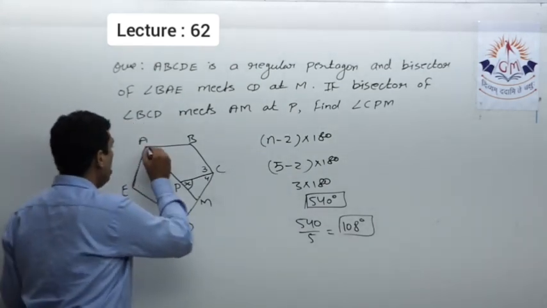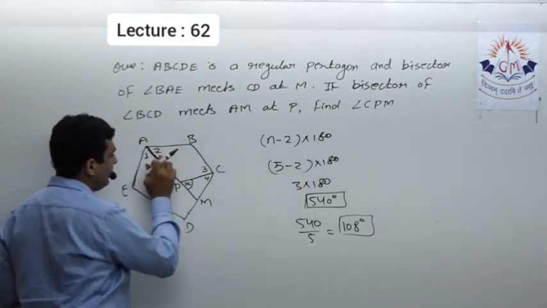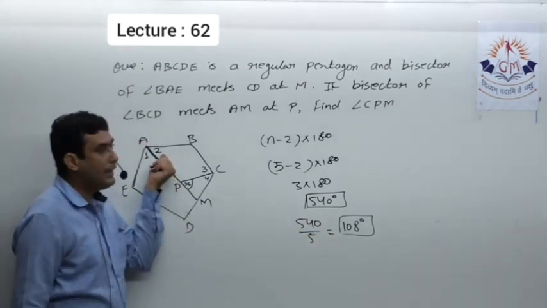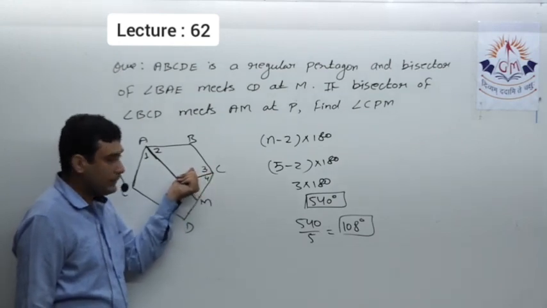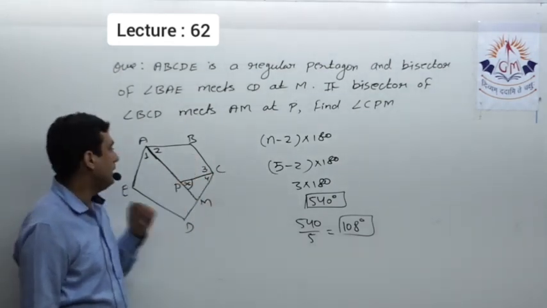Now, this is the bisector, so angles 1 and 2 will each be half of 108. So angle 2 is 54 degrees. Similarly, angle 3 is half of angle BCD, so angle 3 is 54 degrees.